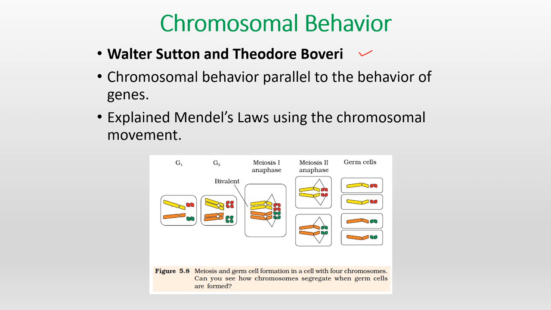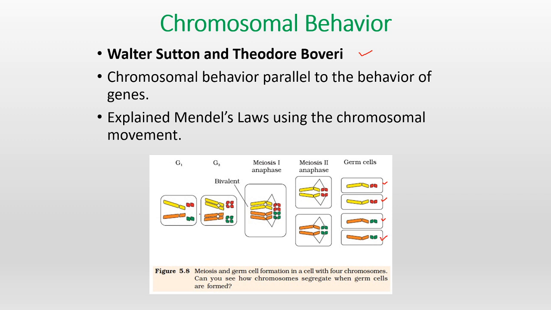As you can see here, in this picture you can see 4 different chromosomes, and these 4 different chromosomes are going to duplicate, and during meiosis 1, in the anaphase, they will start separating. The homologous chromosomes will start separating, and at the end in the germ cell you get 1 copy each of the chromosome, right?